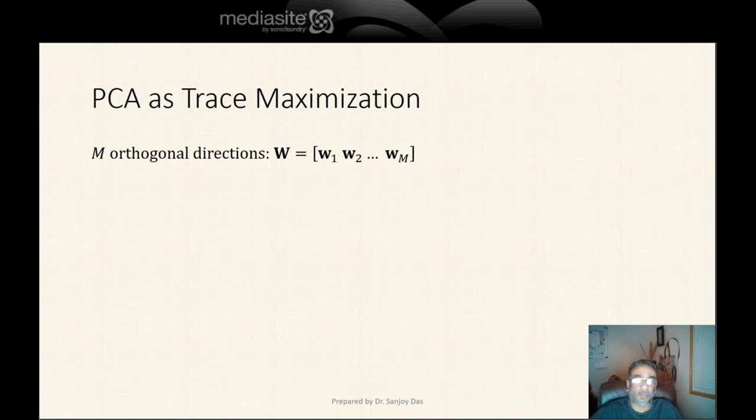Now, instead of extracting the first principal component, then reformulating the problem to extract the second principal component, and keep on doing so step by step, let's try to devise one formulation for all the principal components.